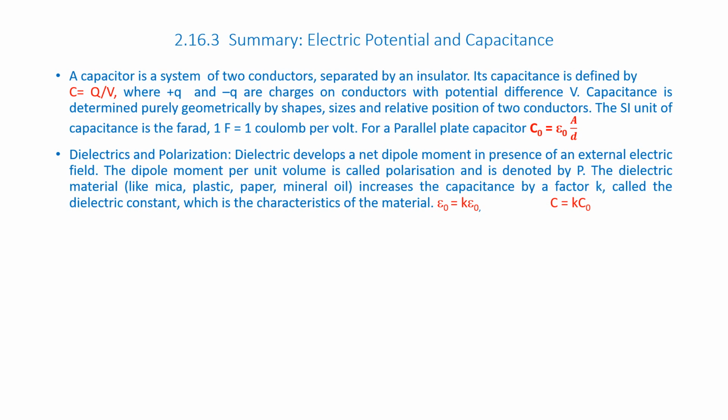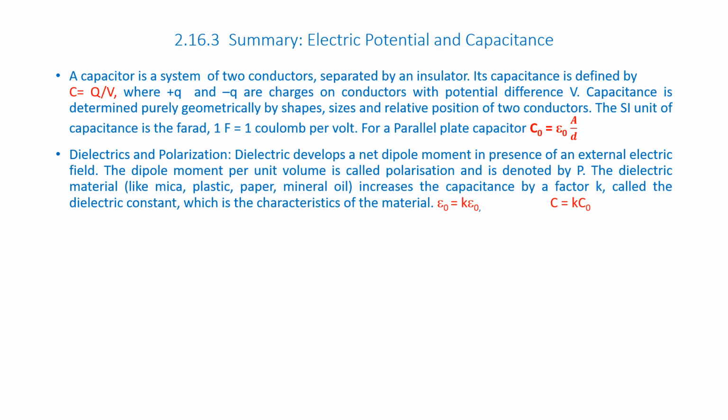Hence, the dielectric material increases the capacitance by a factor K, called the dielectric constant, which is a characteristic of the material. As we know, when we add dielectric material, the value of K, which is greater than 1, changes the permittivity.